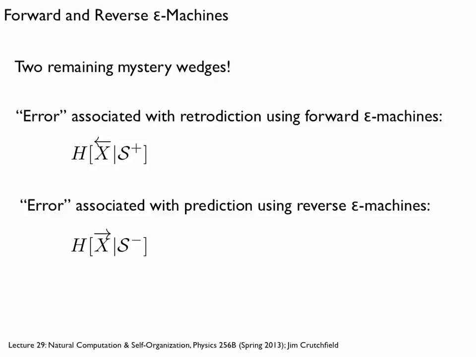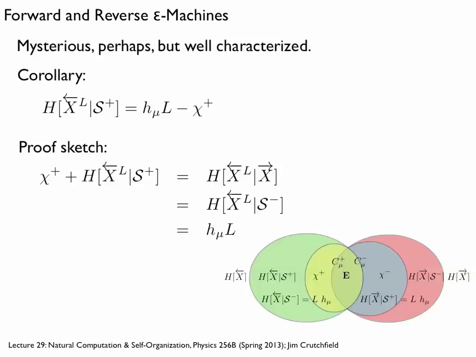So there are a few things we can say about these, just to kind of drill down a little bit. Just bringing these two results together. So what are these quantities? So let's go into the predictive mode. Well, you can show that it actually scales linearly after we subtract off the forward crypticity.